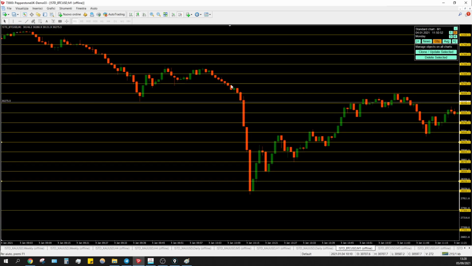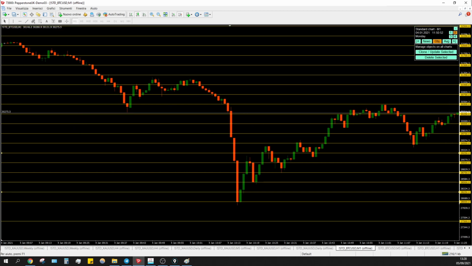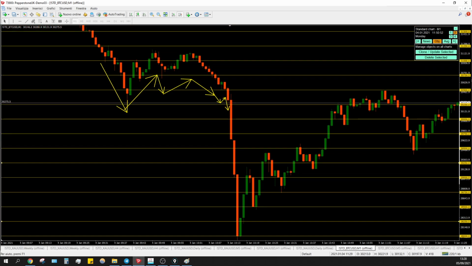Where does it stop? I mean, seriously. You have here reaction on the dot at 250. Pullback. Reaction. Pullback. Reaction. Look at this. This is amazing. I love it. 25 pips. These ranges are 25 pips. Don't forget about it.